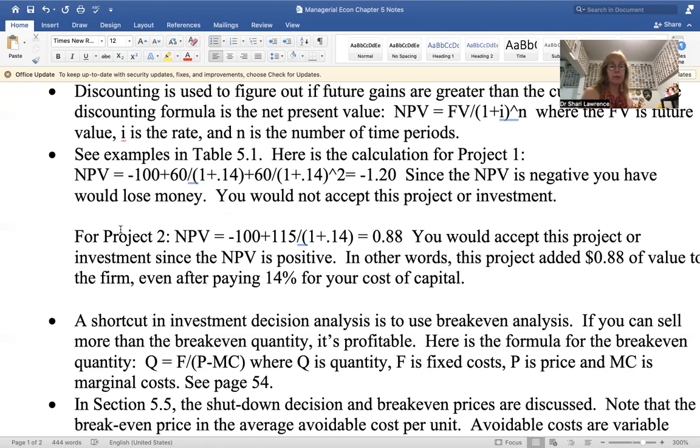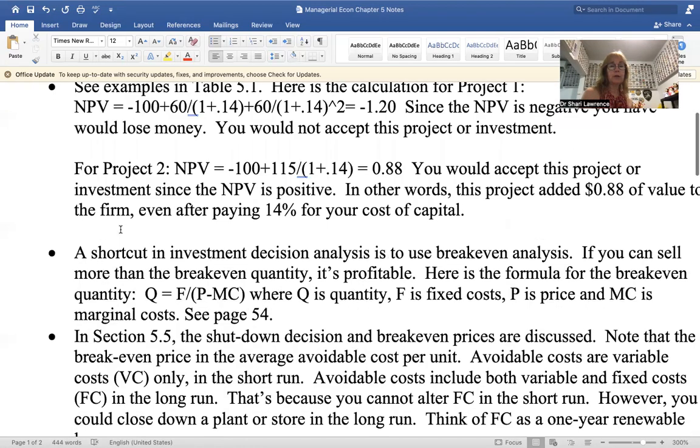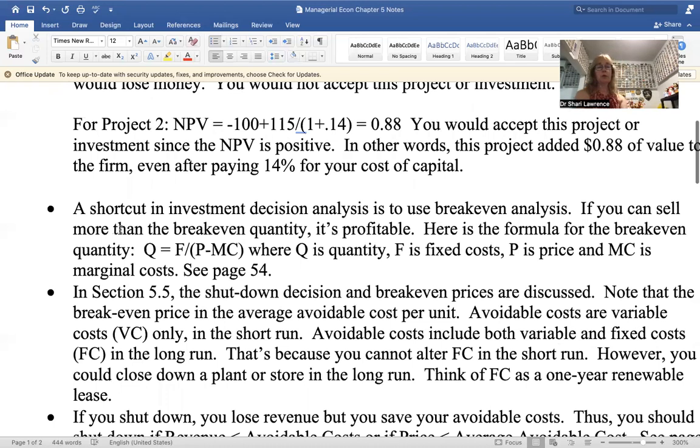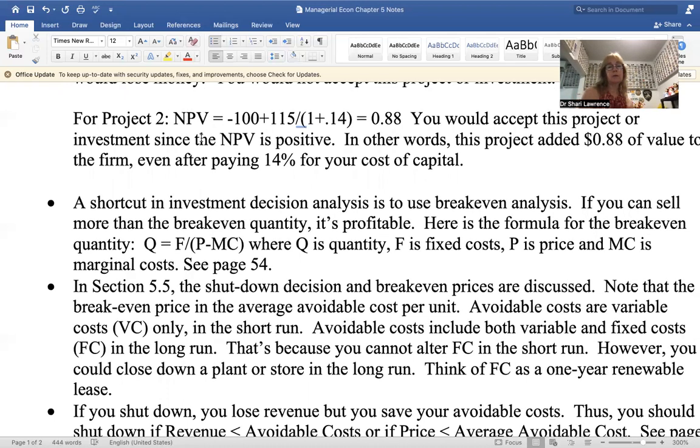All right, so this next example is for project 2. Here the initial cash flow cost is negative $100, and this project is going to earn them $115 the first year, and then it's over.